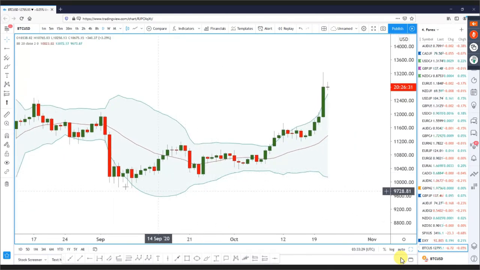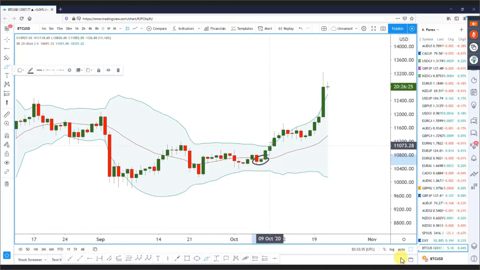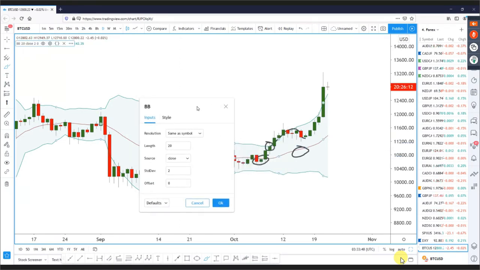I think it's not very wise to just use Bollinger Band by itself, because I was thinking if you took this entry for long, you only actually take your TP to here, which is where the upper band is. And then it never came back down to this average. So let's see if we edit our Bollinger Band. We can change its standard deviation to 3.